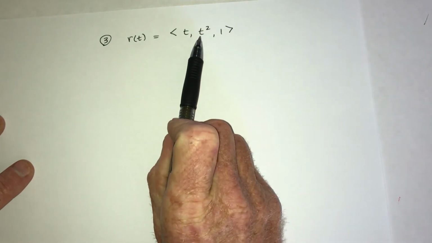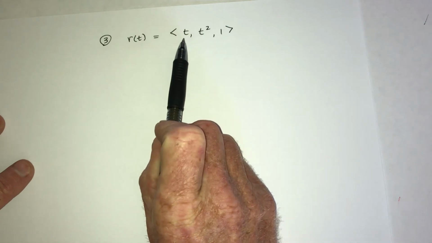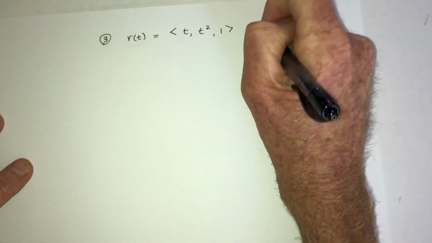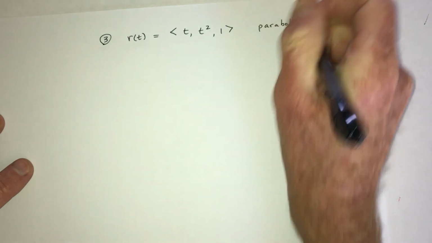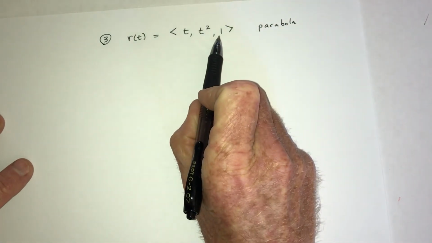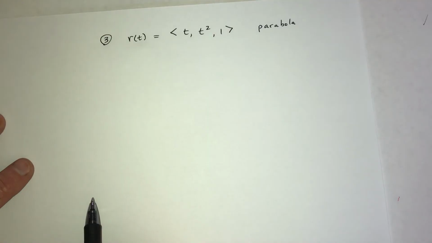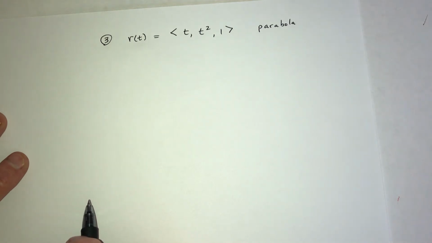So this is basically saying the y value is equal to the x value squared. That means that this is a parabola. It happens to live at a height of 1 on the z-axis, but it's a parabola. So for this one, let's do the curvature and the total curvature.